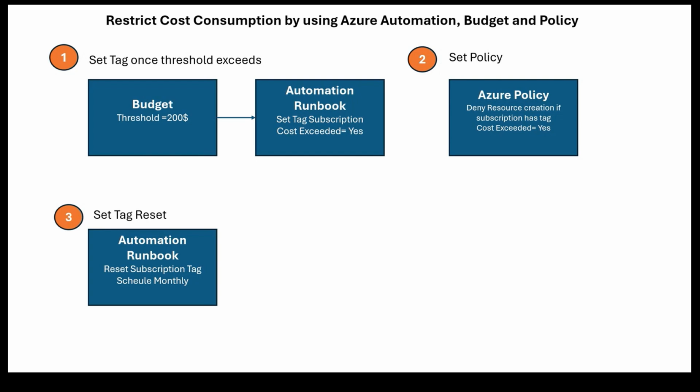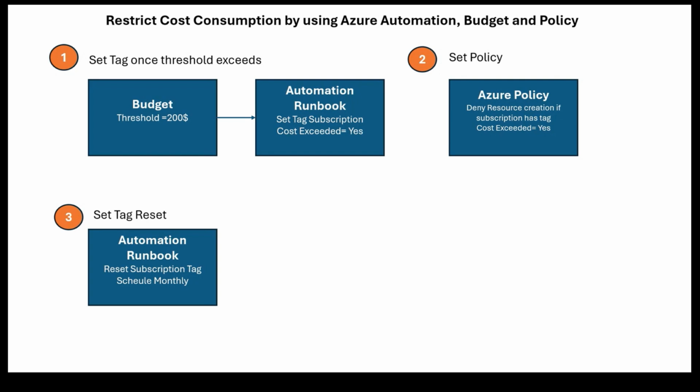Once I have done that, I will set a policy says if subscription has the tag cost exceeded yes, I needed to deny creating any further resources. This is the logic I am putting across. Maybe you can put any other logic, like once the threshold exceeds, maybe delete the resource or create any other resource, anything you can put across.